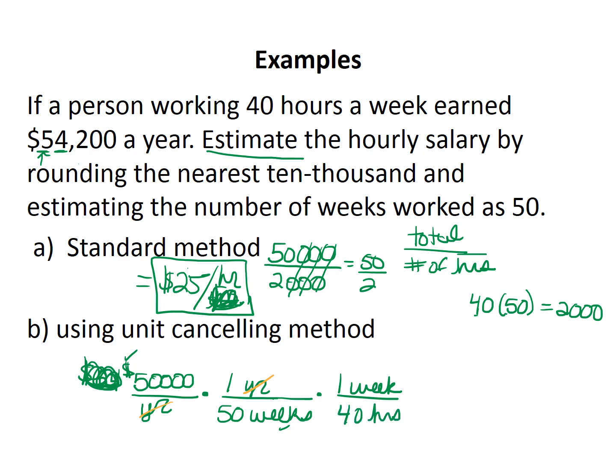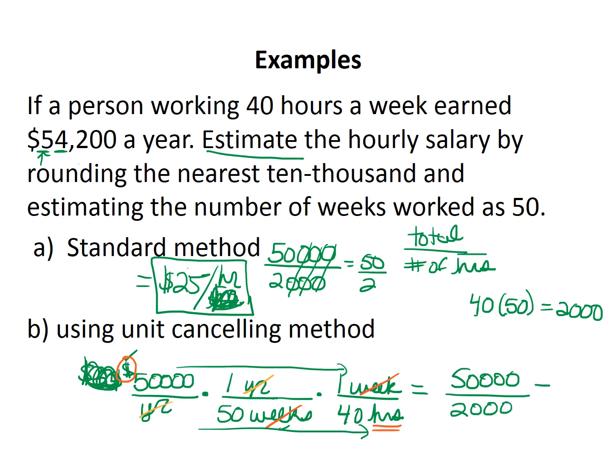We want the week in the top so that it cancels with the week in the bottom. So now if we look at the units left, it's dollars per hour, which is what we want. So then you can multiply straight across. 50,000 divided by 50 times 40, which is 2,000. So that's 25, and then dollars per hour.